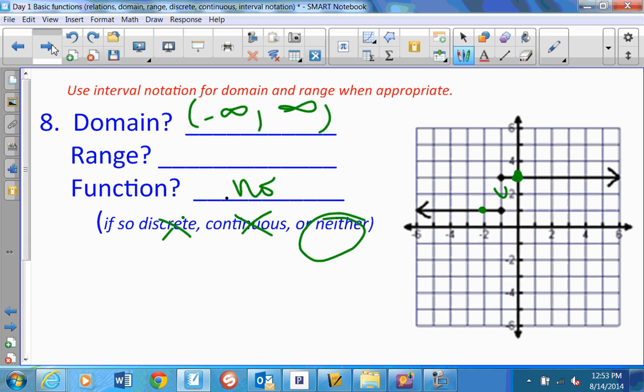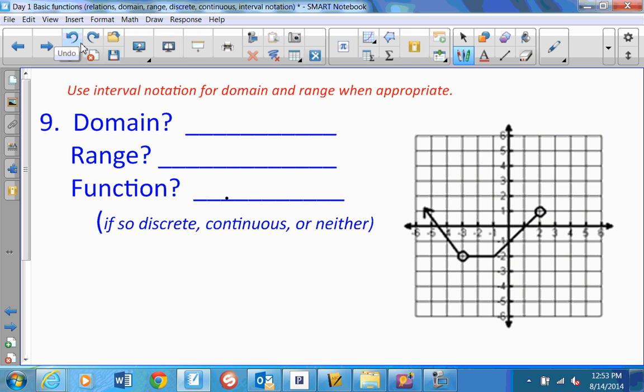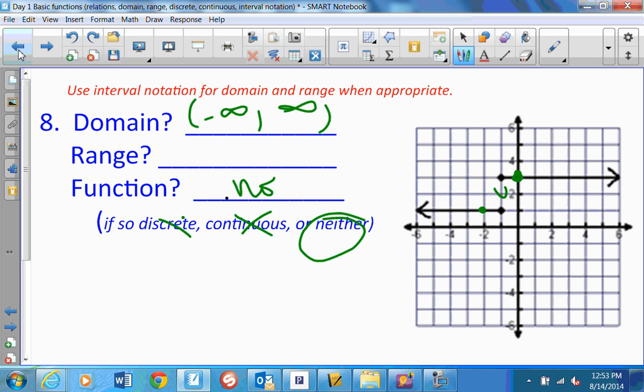I think I have one of those. Hang on, let me see. Yeah, okay, let's do this one. Oh, don't forget the range. Interesting. The range is only going to be 2 numbers. 1, 3.